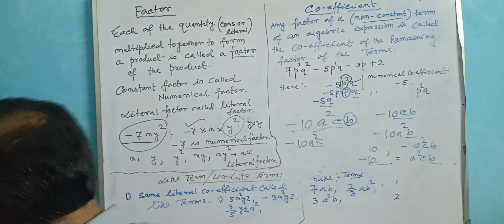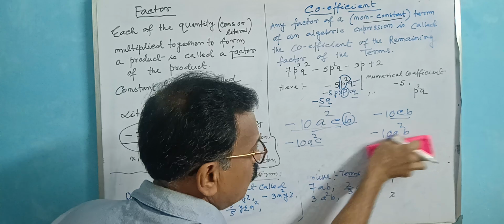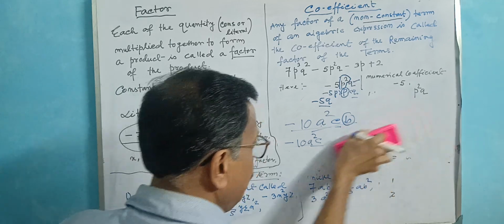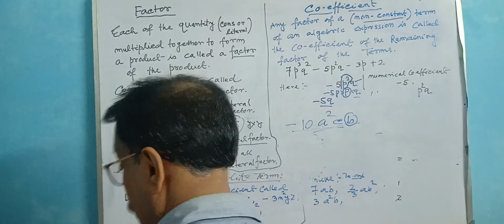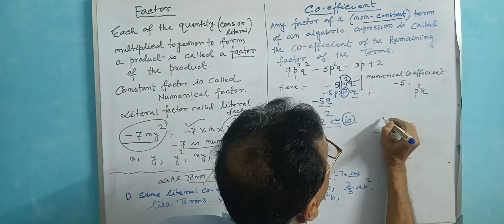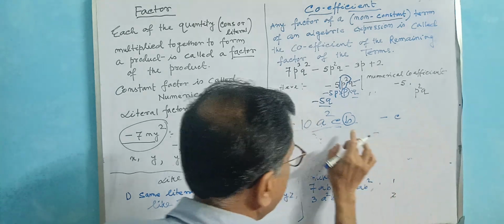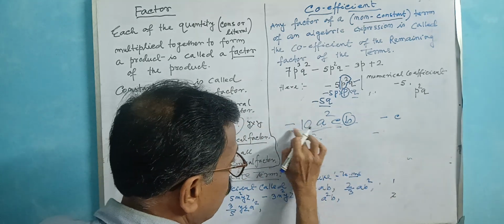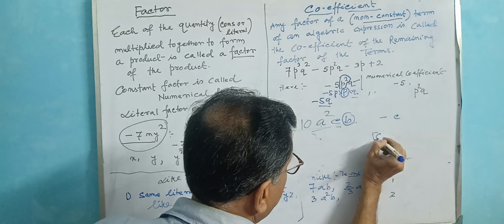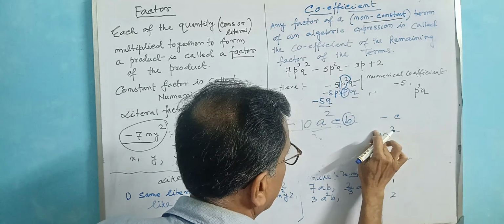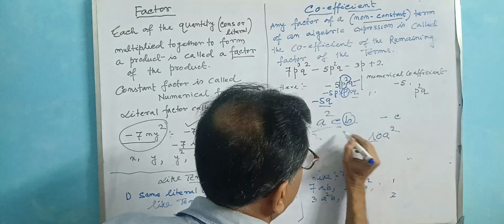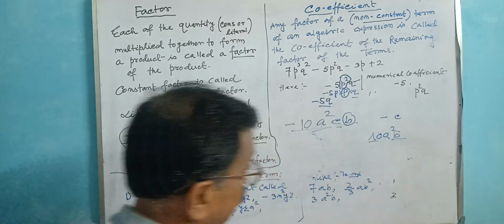Clear? So now one example also. Very important, that is not to be confused. What is the coefficient of minus c square? Minus c. When you take minus, so 10 a square b.